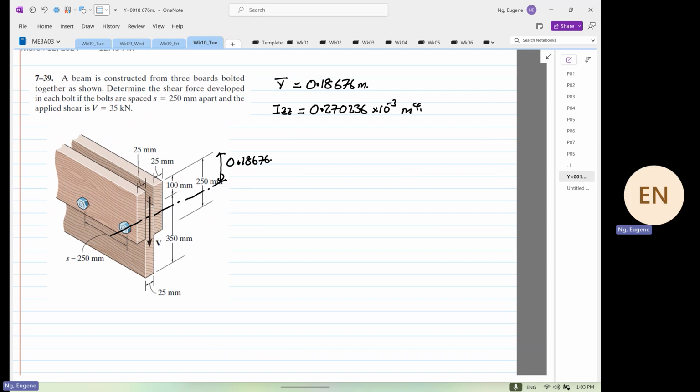Can someone tell me what is so unique about this problem compared to what you've seen before? Yes. It's not symmetrical, but what else? I want you to focus on the bolt. Yeah. The centroid, well done. The centroid is above the bolt. Again, I'll write it down.